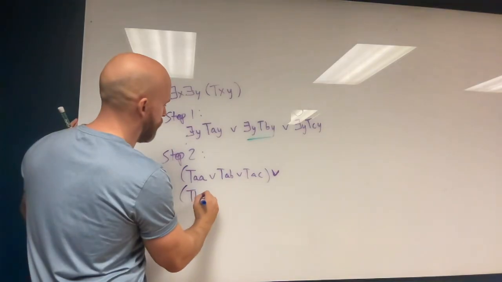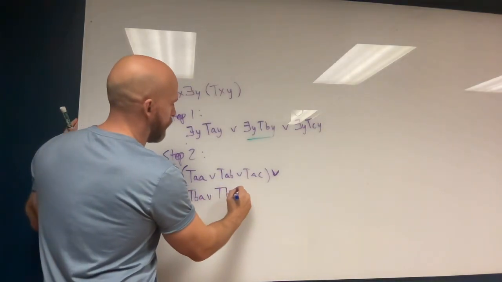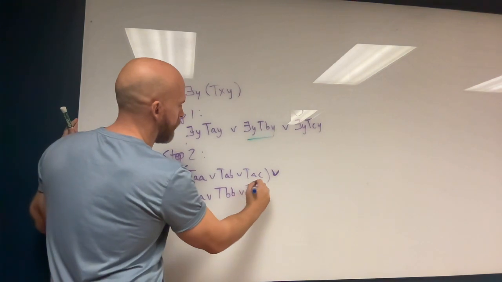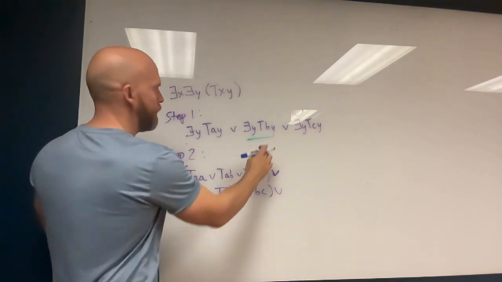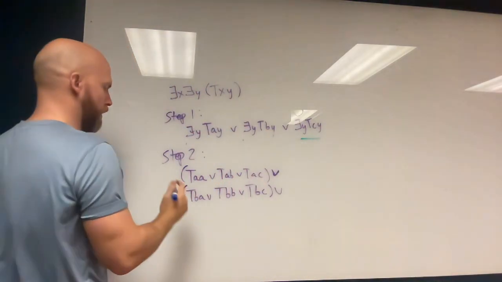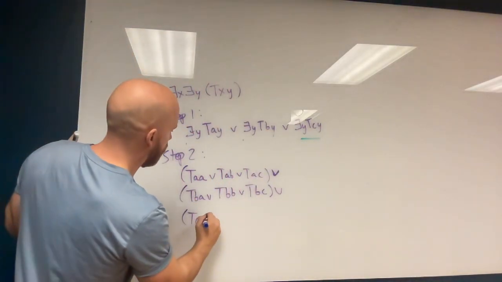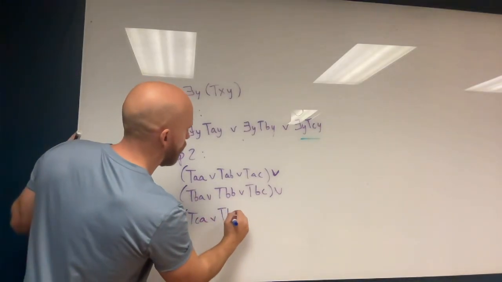We're going to get TBA or TBB or TBC, or maybe we won't get some redundancy. Let's check this out. One more decomposition. We're going to get TCA or TBA.